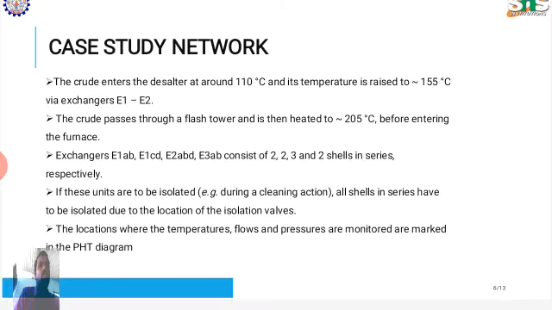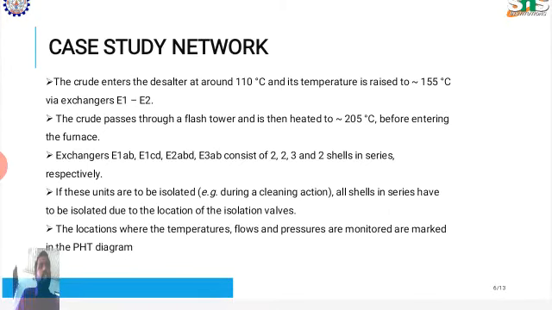If these units are to be isolated during a cleaning action, all shells in series have to be isolated due to the location of the isolation valves, the locations where the temperatures, flows and pressure are monitored or marked in the PHT diagram.